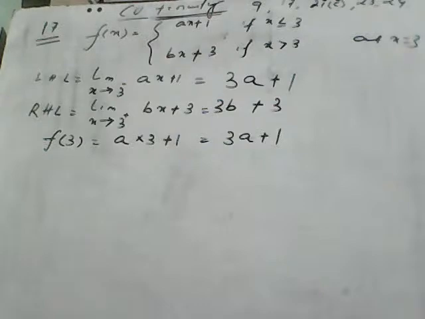Now we have the left hand limit, right hand limit, and value of the function. As it is given in the question that it is a continuous function at x equal to 3, the left hand limit equals the right hand limit equals f(3).